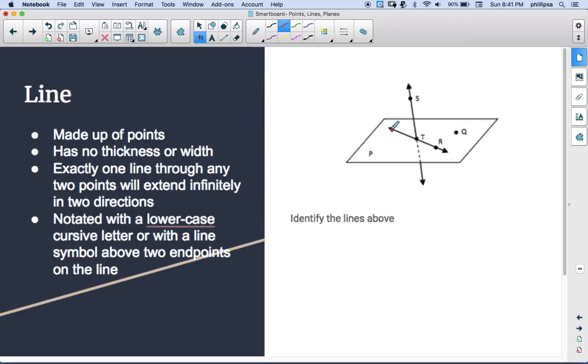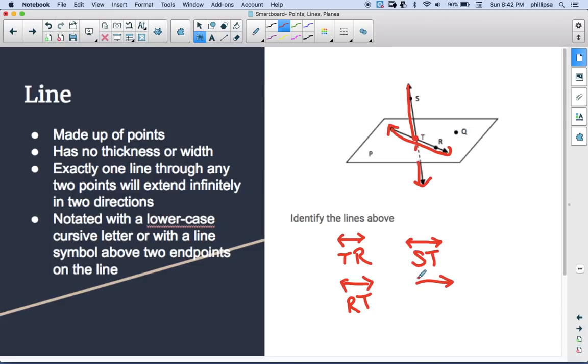The first line I'm going to mark in red. This line here I can call line TR. The other line, which is passing through our plane, but we're not quite through that yet, has 2 endpoints, S and T. It should be noted that line TR would be no different than line RT.